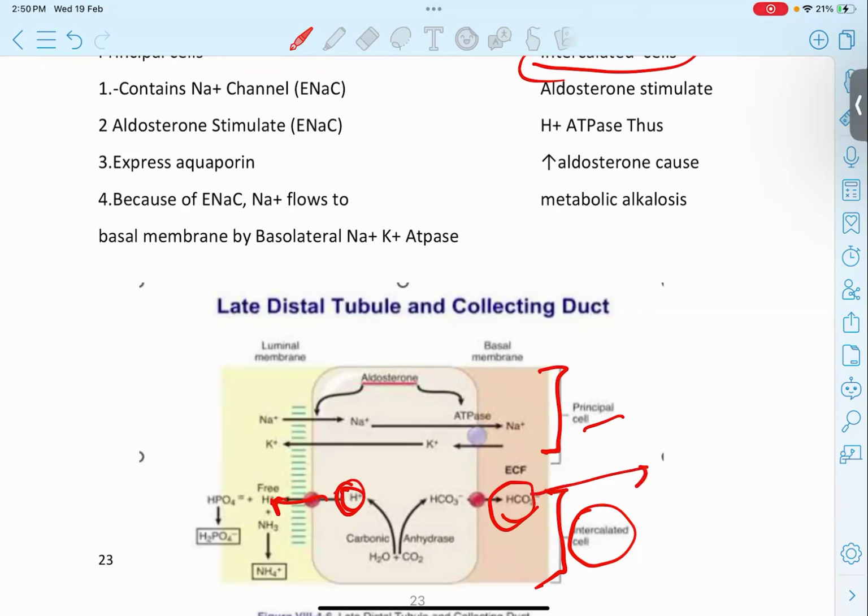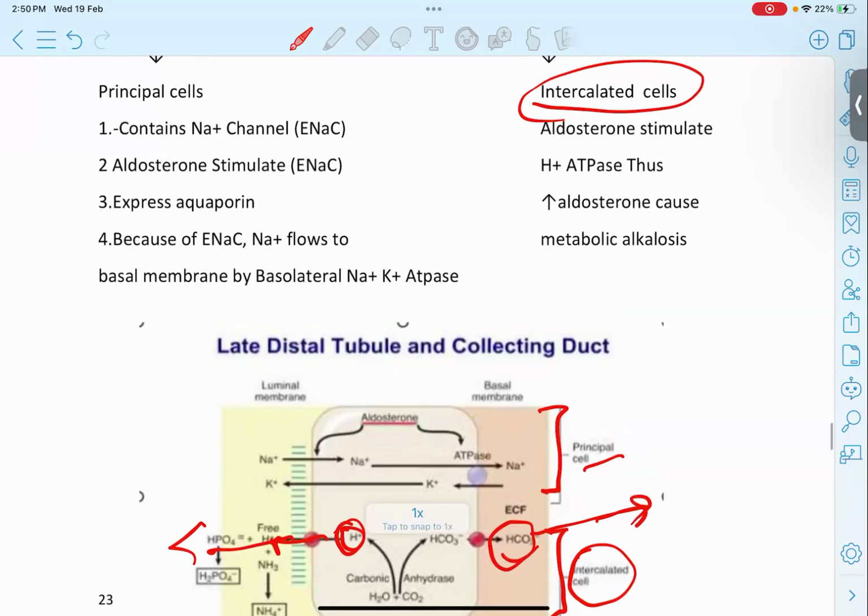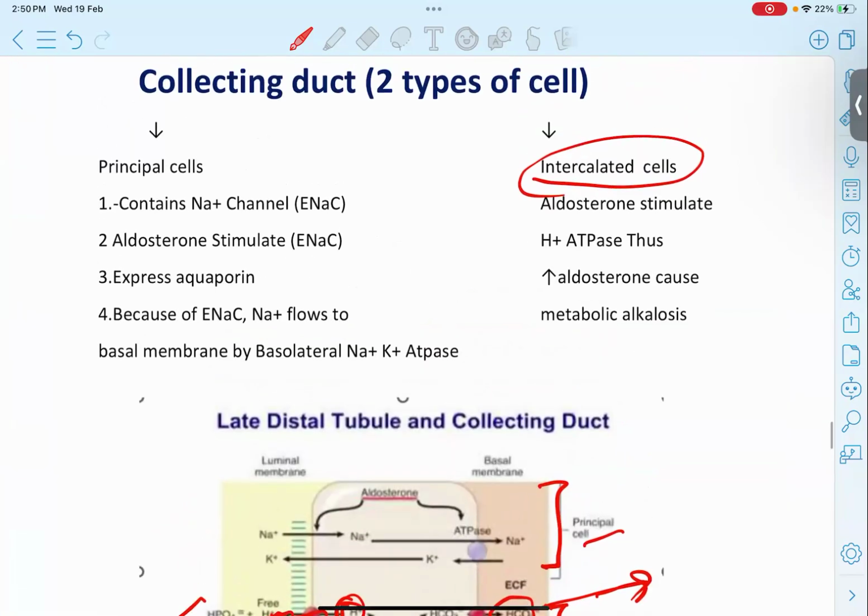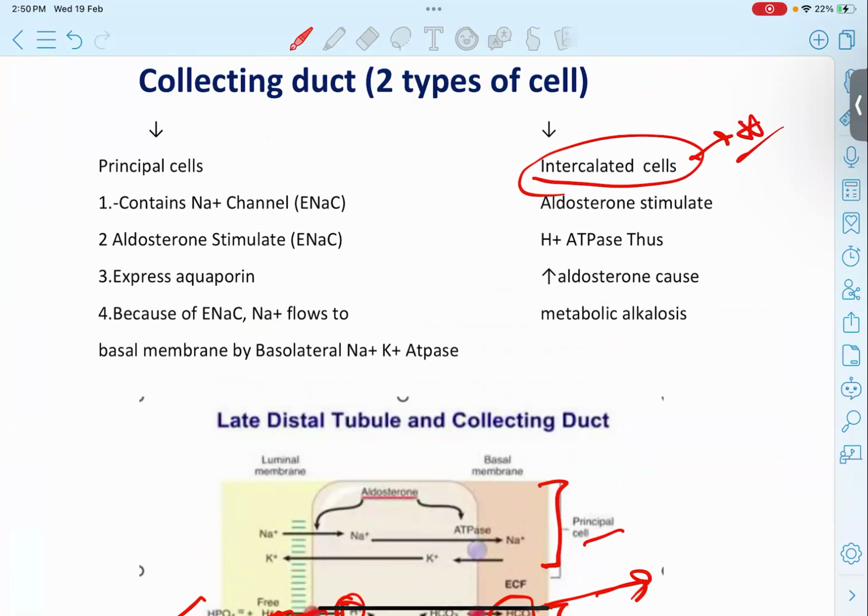So we are producing bicarbonate, and we are secreting proton into the urine. That means we are losing acid. Losing acid means alkalosis, and producing alkali is also alkalosis. So this is the function of the intercalated cell. In short, the function of the intercalated cell is maintaining acid base balance, which is metabolic alkalosis.